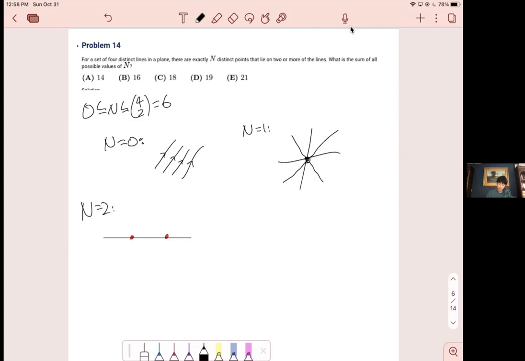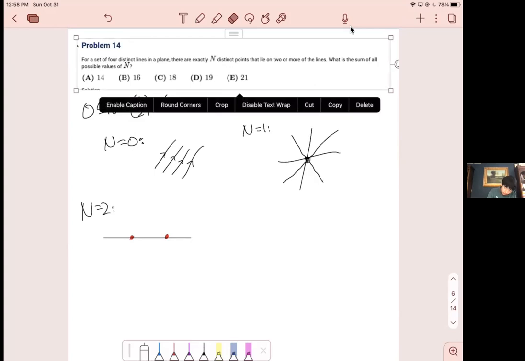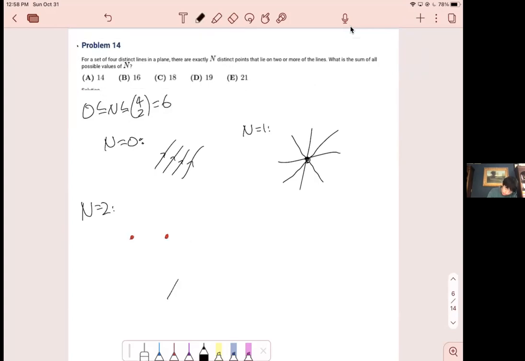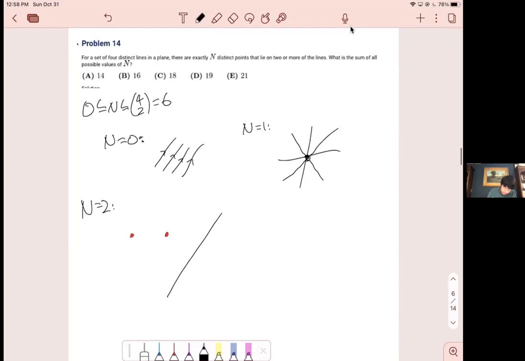Why is that? Well, if we have some line which doesn't pass through either of the points, that means this line never intersects anything. So the other lines all have to be parallel to it in order not to intersect it.